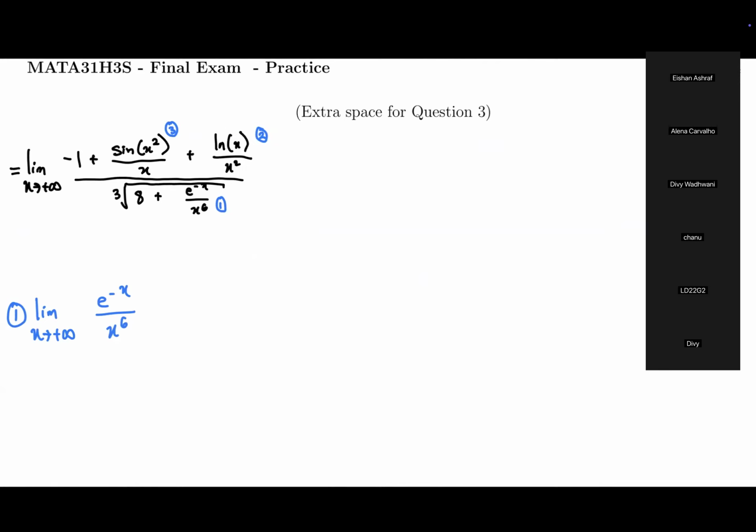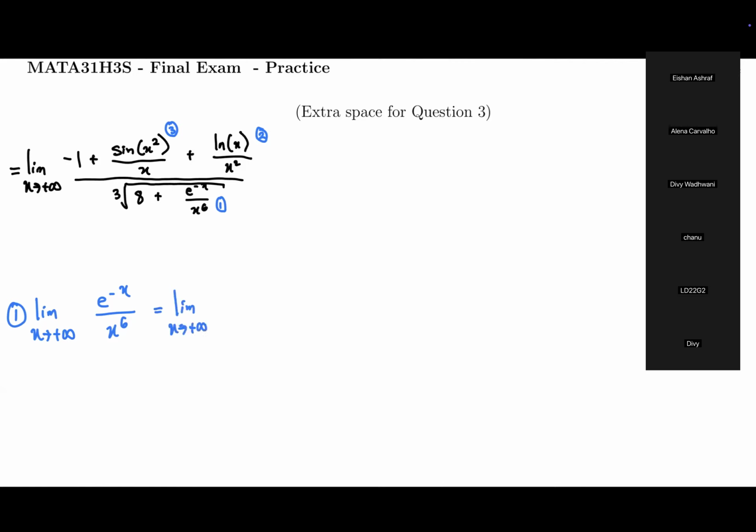If it doesn't give us any indeterminate forms, then we know we can apply direct substitution and simply get the answer. If it does give us an indeterminate form, however, we then need to reassess where to go from there. So if you notice, we can basically rewrite this in another form.